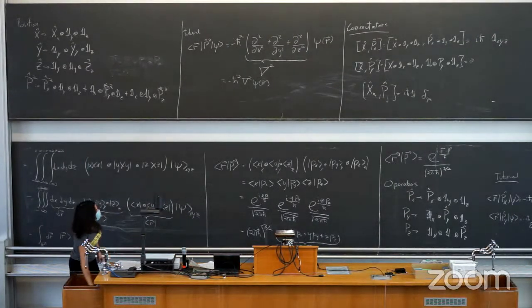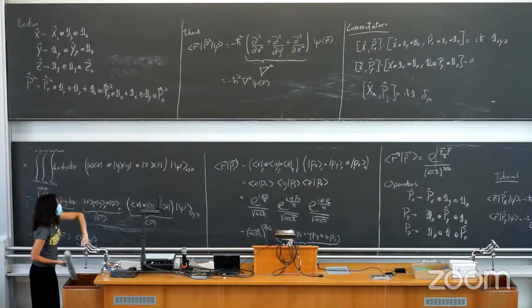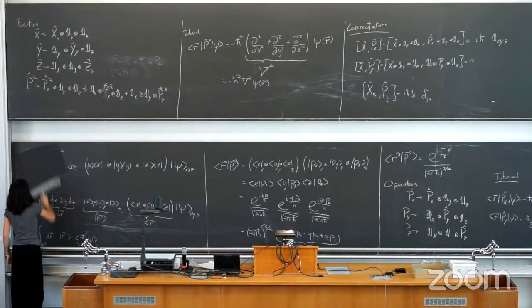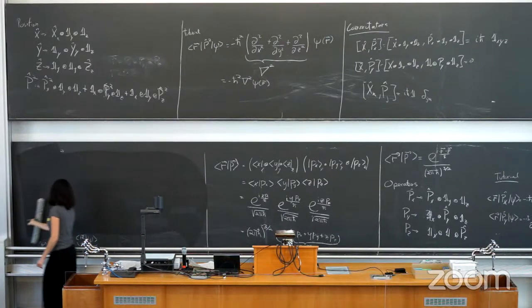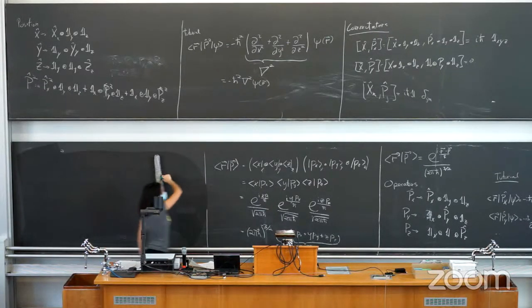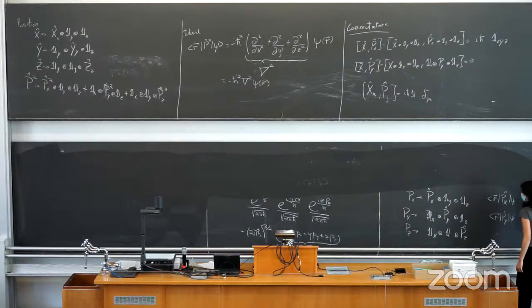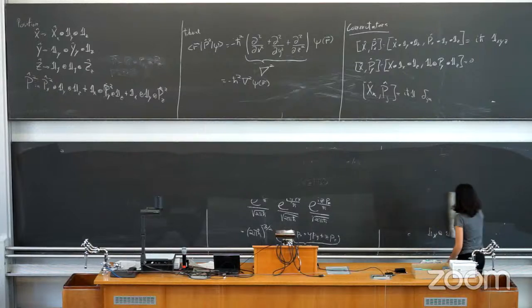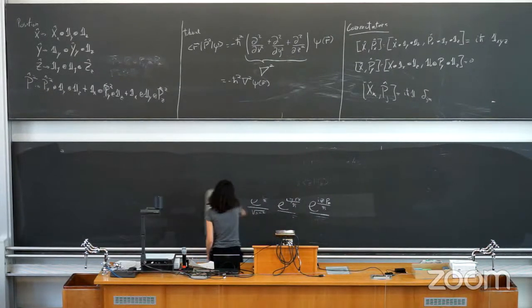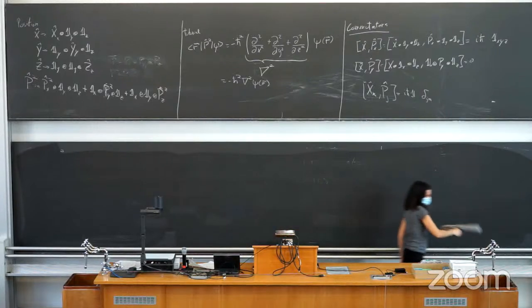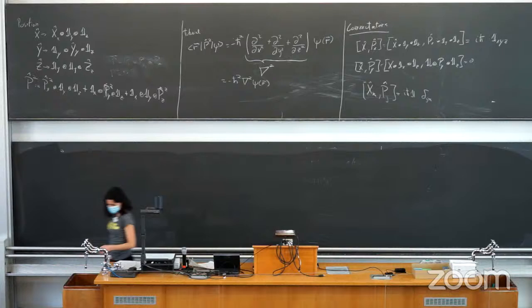Okay. So now, the reason why I defined the P squared is because we need it for the Hamiltonian. So let's just write the Hamiltonian.